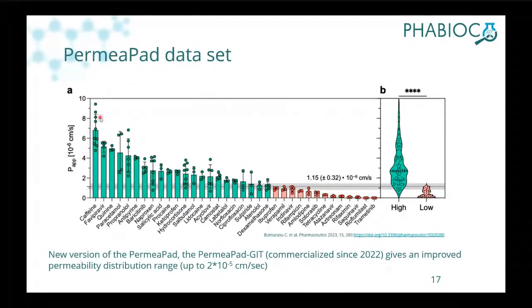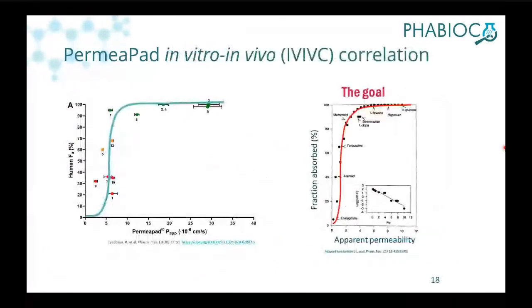Therefore, the absolute value of permeability can also vary according to that. And that was also done in an old version of the PermeaPad. Nowadays, with the PermeaPad, the permeability stretches up to 20 × 10^-6 centimeter per second, so this curve is much more evenly distributed.